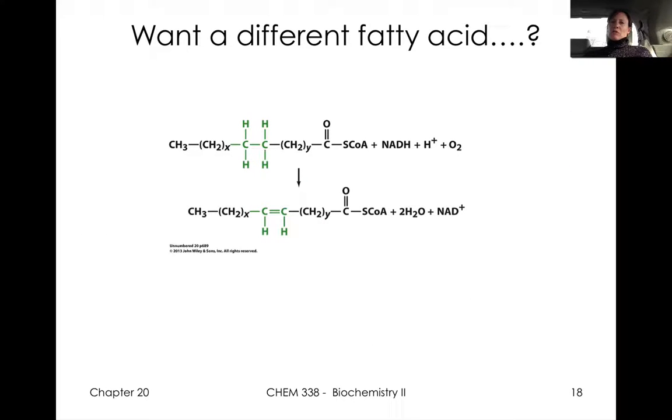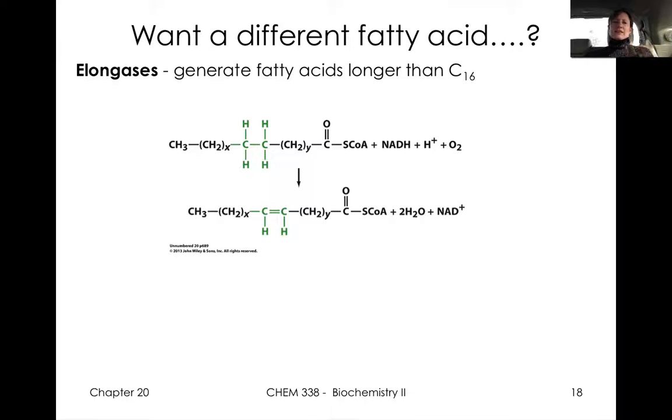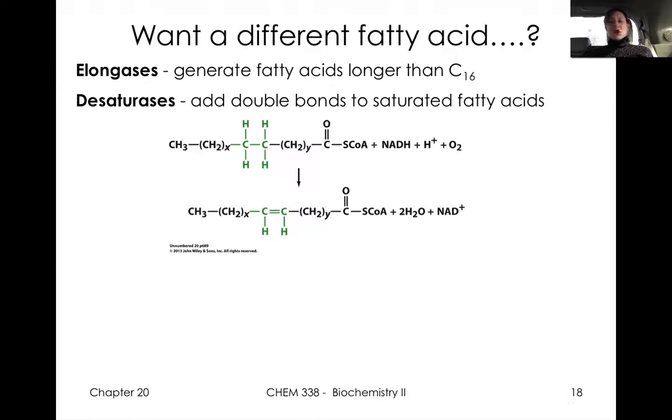Just like when we were dealing with beta oxidation, I didn't spend a lot of time talking about unsaturated fatty acids or odd chain fatty acids. I'm not going to spend a lot of time talking about how we make all the different flavors of fatty acids. If you want to make it longer than 16 carbons, you use an enzyme called an elongase. If you want to add double bonds to it, you use an enzyme called a desaturase.